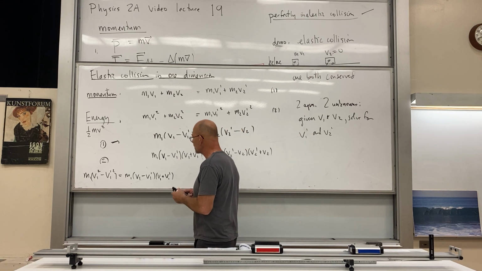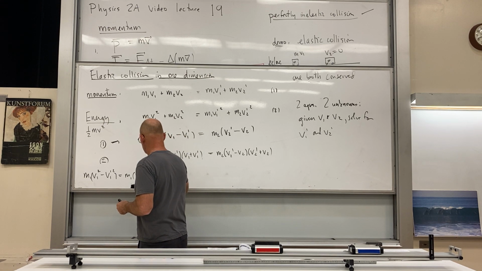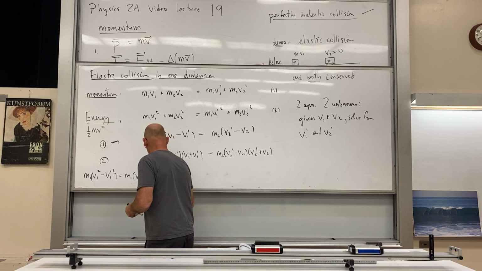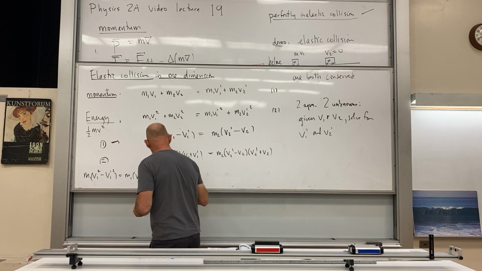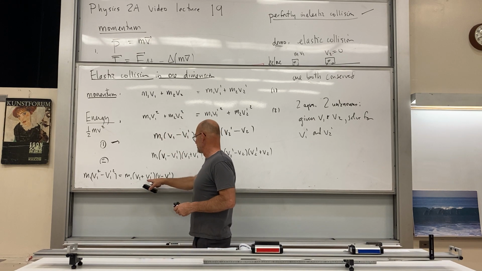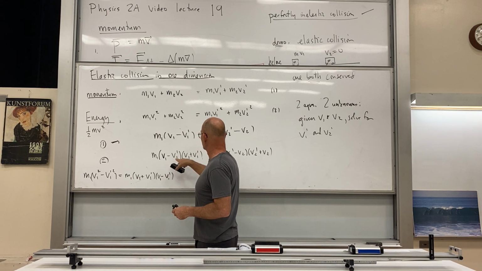Actually, before I go on, I think I got a mistake here. Yeah, so gotta get that right. v1 plus v1 prime, v1 minus v1 prime. That's what does it. No, I think we got that.